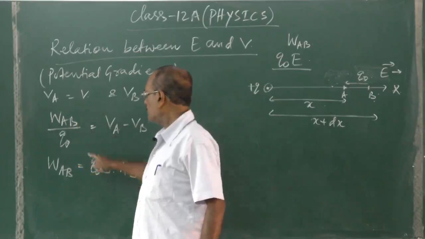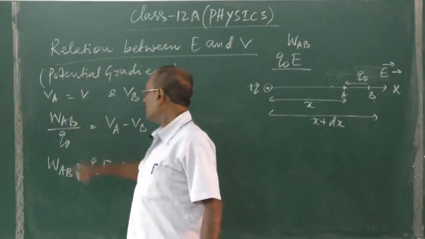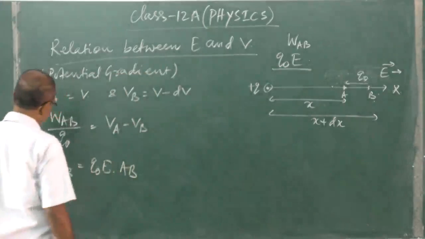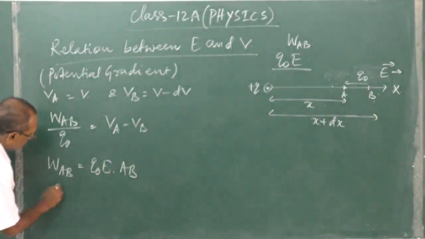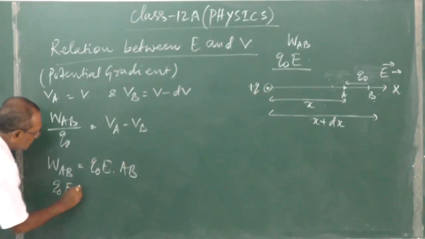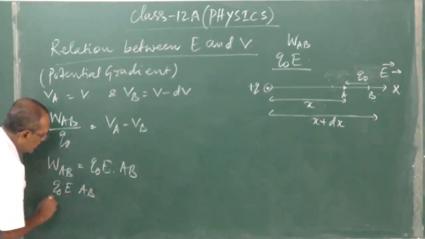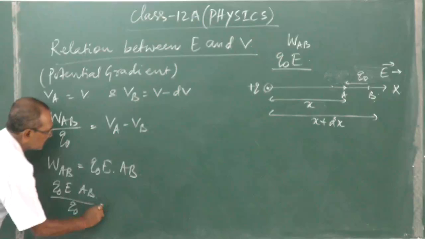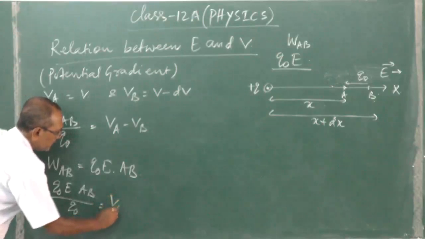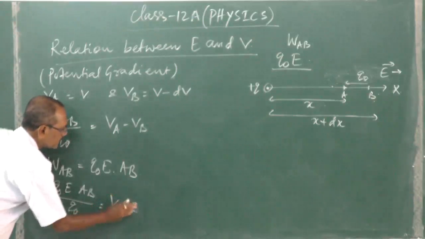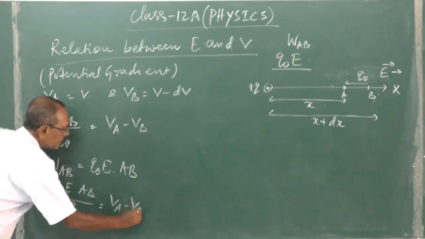So then what we'll get? Q0 E into AB by Q0 is equal to VA minus VB.